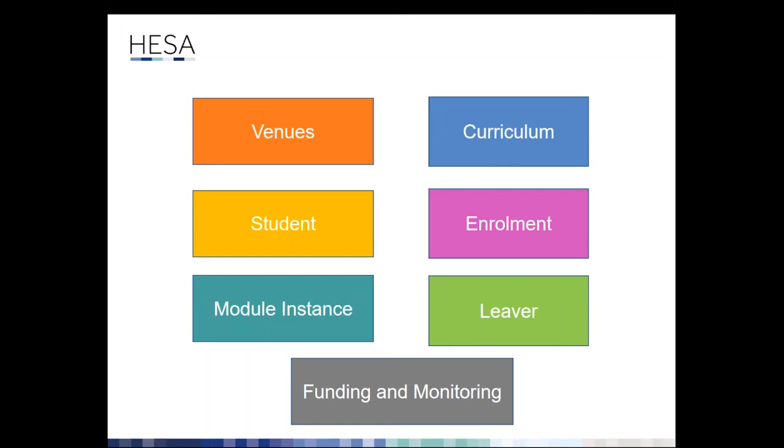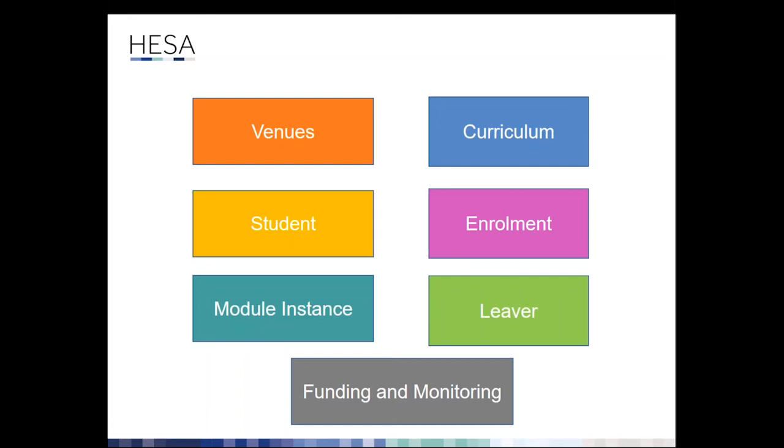We've then got enrollment, so this is a student committing to undertake a course session, so that provides the link between curriculum and student data. We then have module instances, so this is a student undertaking a module. We've got the leaver section, so all the information that you need to submit when a student leaves a course. And then finally, the funding and monitoring. So this relates to data that's required by your regulatory and funding bodies.